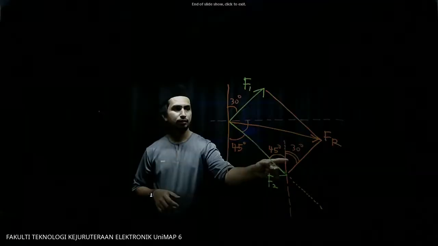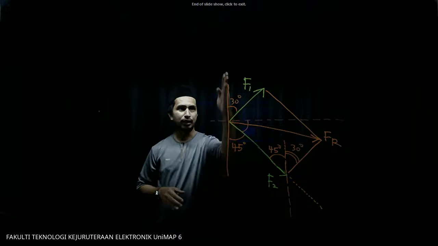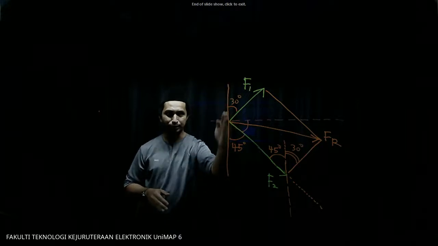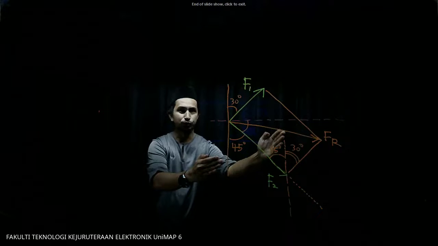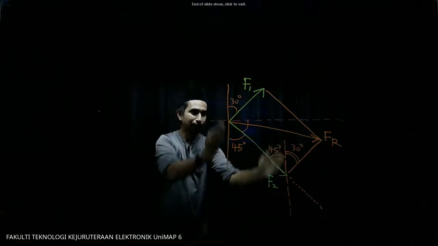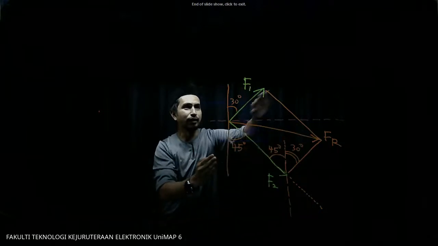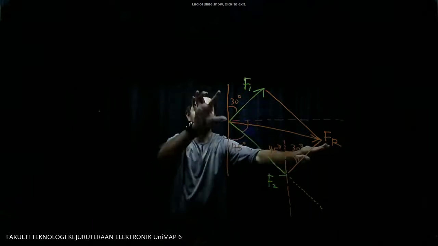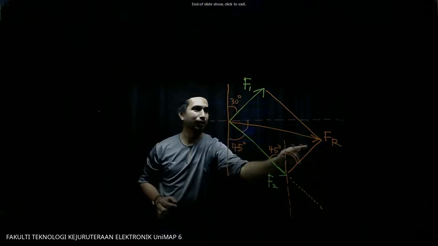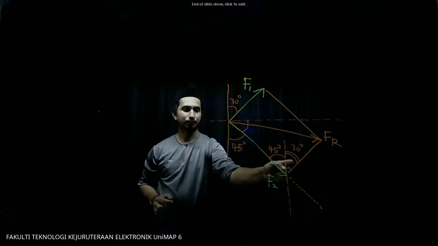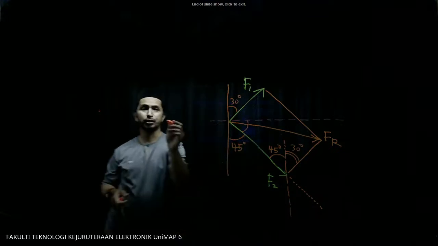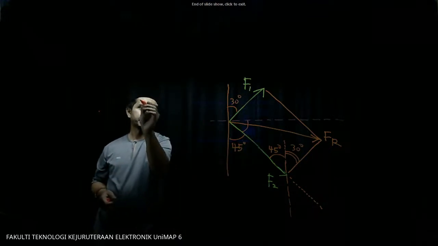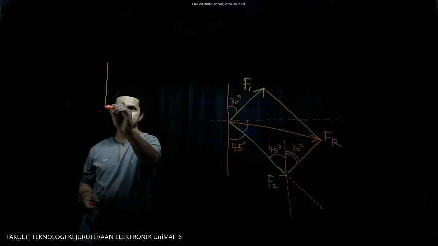Doktor, yang 30 degree tu dia parallel dengan line yang mana? Okay, ni x-axis. This is y-axis, betul? This is also y-axis. Saya buat y-axis, sama. Ini F1 ni, ini line parallel to F1. So sama kalau kita tengok ini dengan ini sama. So when we draw back again, saya tunjuk kat sini ya. This is my y-axis.